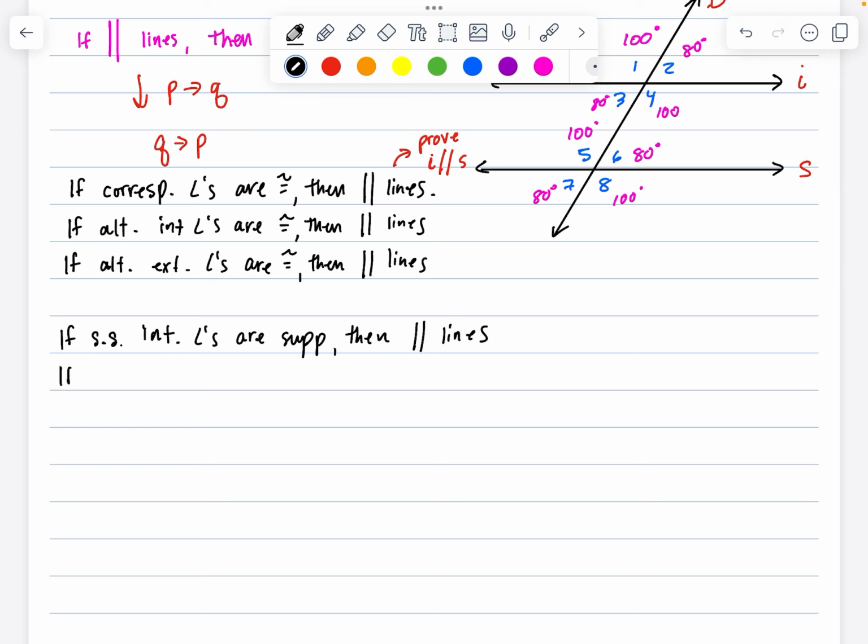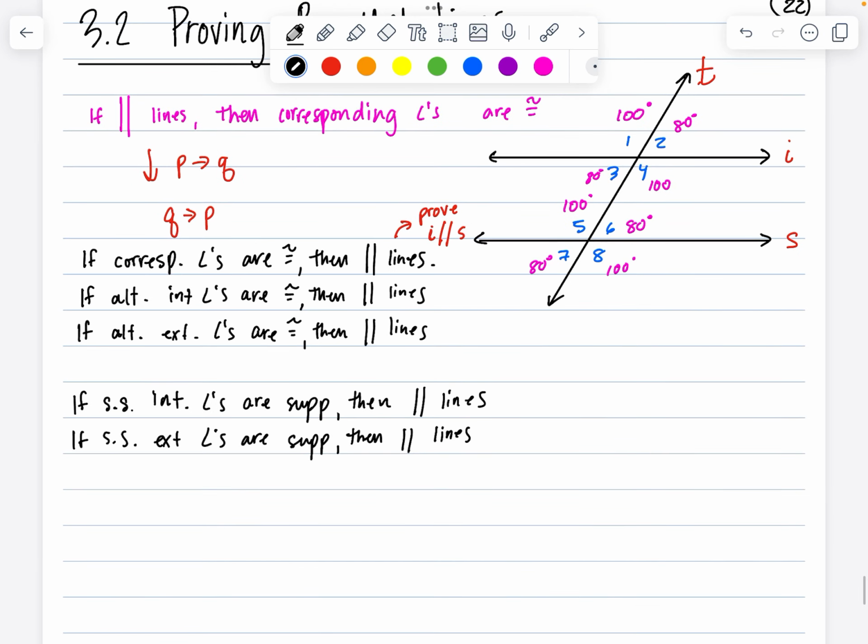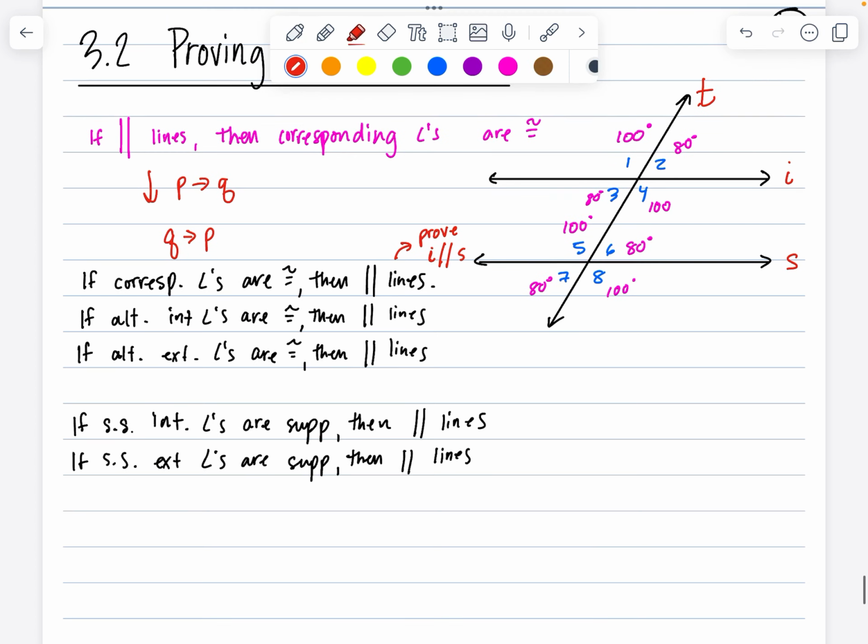And last but not least, if same side exterior angles are supplementary, then the lines are parallel. We see that here as well when we look at, for instance, same side exterior angles 2 and 8.